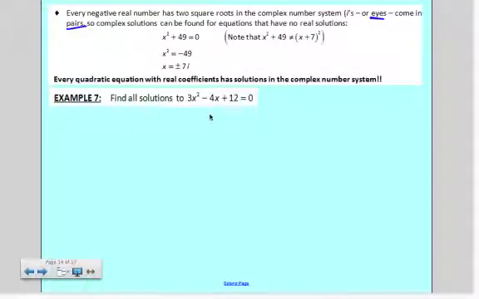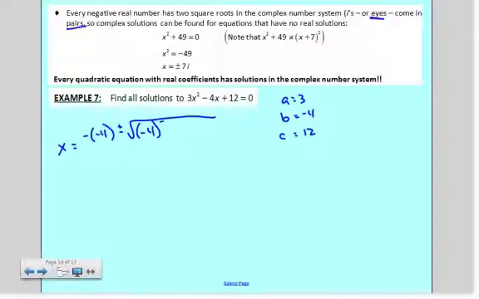All right, so finding all solutions, if you look at this, you don't have a common factor, but we could just say a is 3, b is -4, and c is 12, and we could just do the quadratic formula. So x equals the negative of -4 plus or minus the square root of -4 squared minus 4 times 3 times 12, all over 2 times 3.